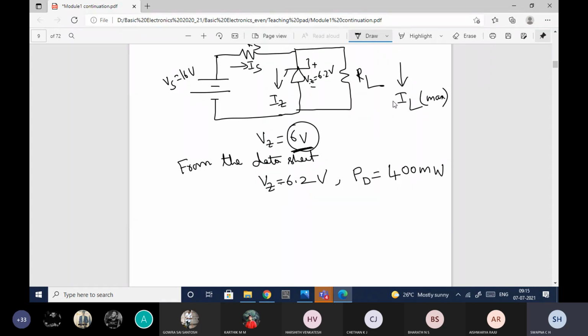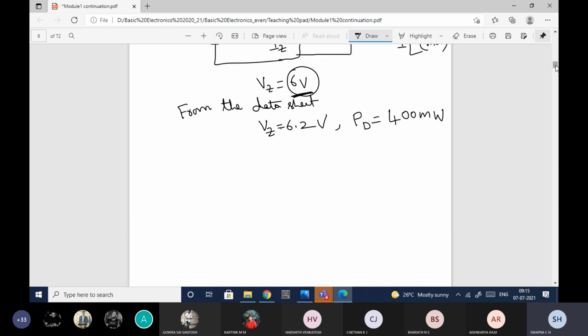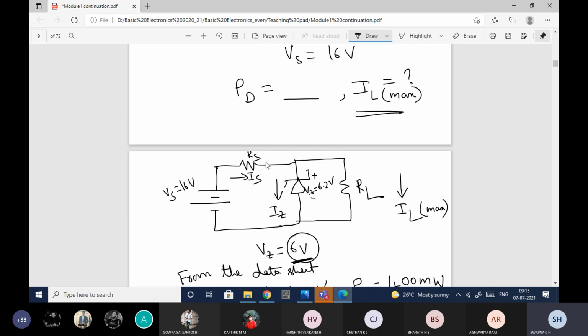If the current here is maximum, then this will be minimum, or if this is minimum, then Iz will be maximum. That's how it goes. So I need to find IL maximum. Before that, if I want to know Is, I need to know RS.